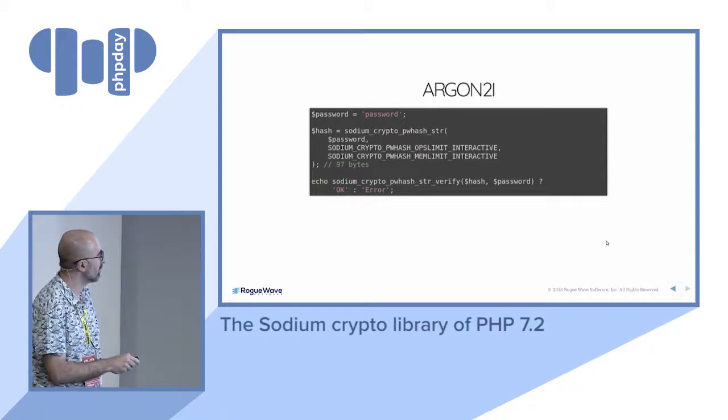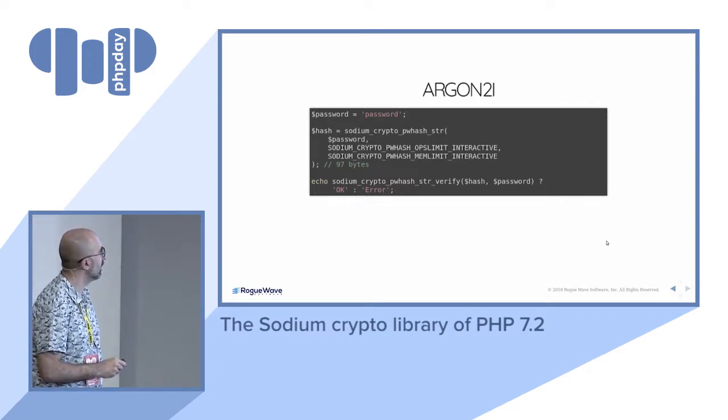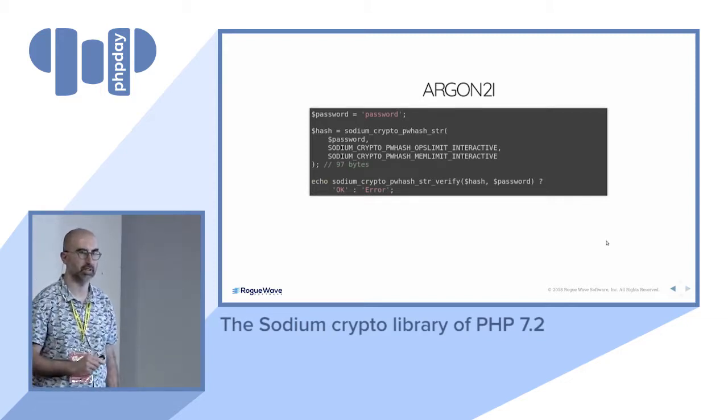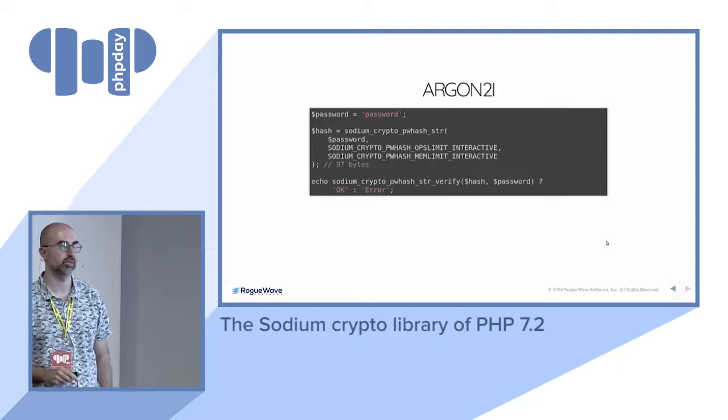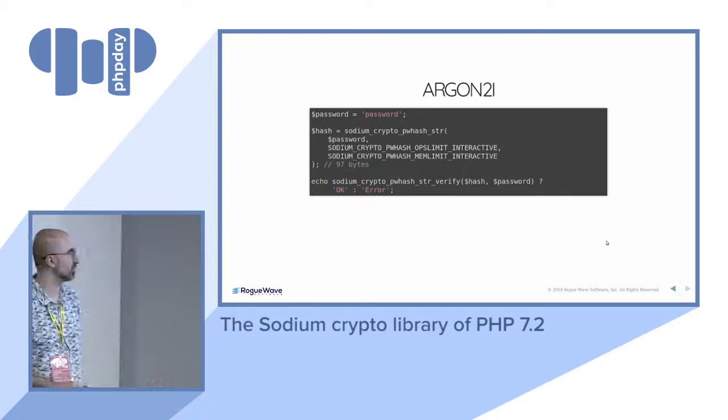There are two parameters, and I strongly suggest to use the defaults provided by Sodium. Don't change these numbers, because they are related to the way Argon2ed is implemented. The result is a hash of 97 bytes. Remember this size, because when you store it in a database, be sure that you have enough space.